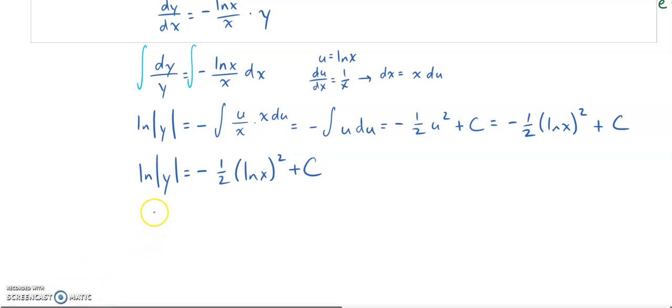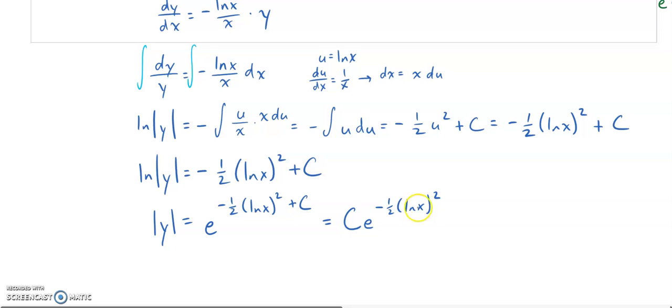If we exponentiate, the absolute value of y equals e raised to the negative 1/2 natural log of x squared plus c. Or again, that plus c in the exponent can turn into a times c in the coefficient. And notice that now that we've done that, this c could possibly be positive or negative.